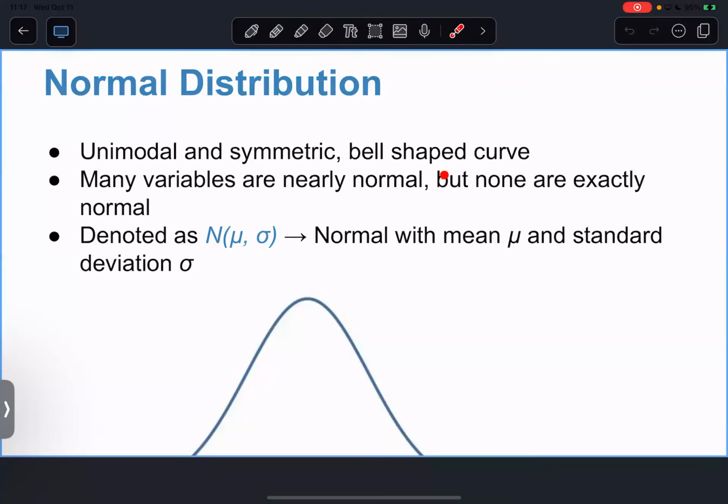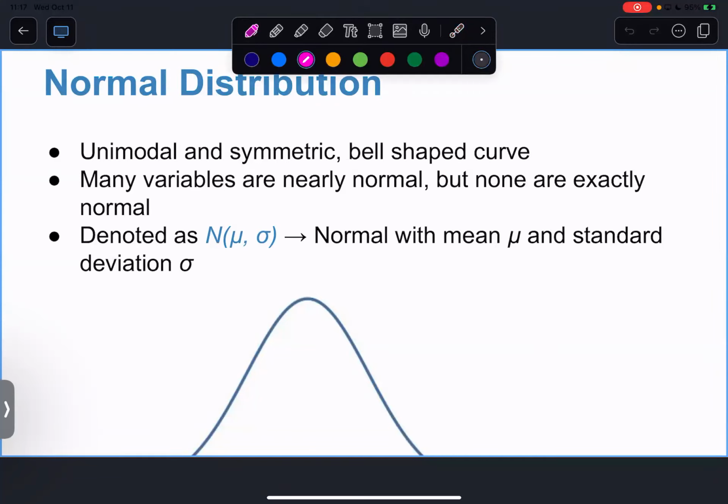So we call it a bell-shaped curve or a normal distribution, and I like to capitalize the N. That's only to emphasize that it's a name, and I think I've mentioned that before.